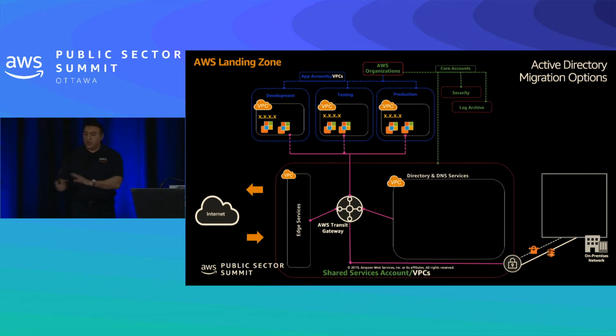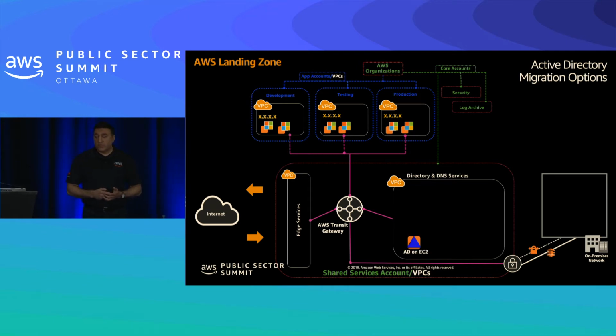Obviously, with the on-prem connectivity, one optimal option for Active Directory would be to extend your Active Directory into AWS, meaning installing domain controllers in EC2 alongside your on-prem domain controllers. I can see that may not be an option for some organizations.